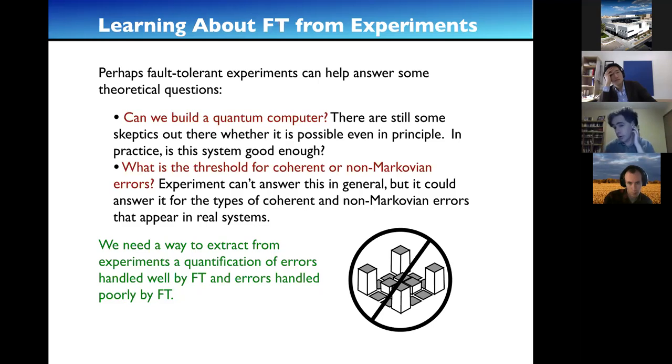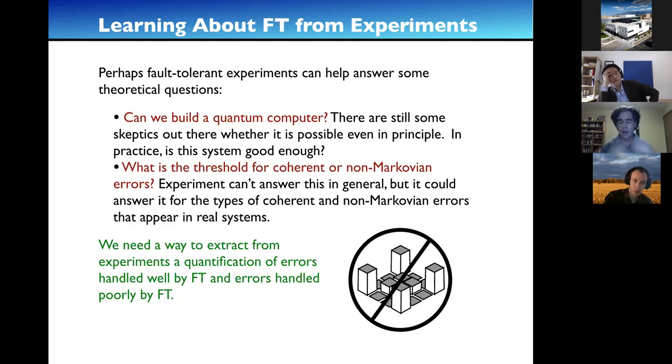But moreover, simulating some of these fault-tolerant protocols can be very difficult on a classical computer. So in particular, questions like, what is the threshold for coherent errors that I mentioned earlier, right? I said simulations were hard. But a real experimental quantum computer probably has coherent errors, probably has non-Markovian errors.